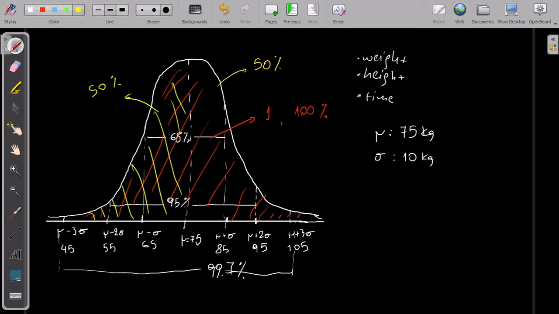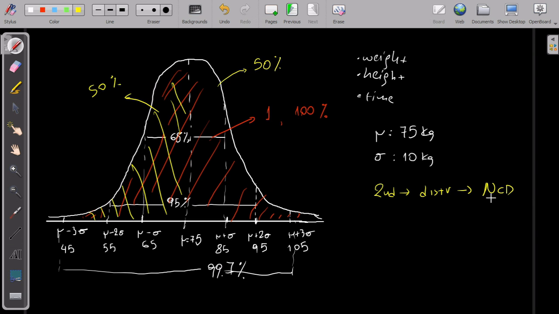Now, the basic tool that we will use in our problems is our graphic calculator, and in your graphic calculator, if you press second and then distribution, then you will go to normalcdf to calculate your normal distribution probability.